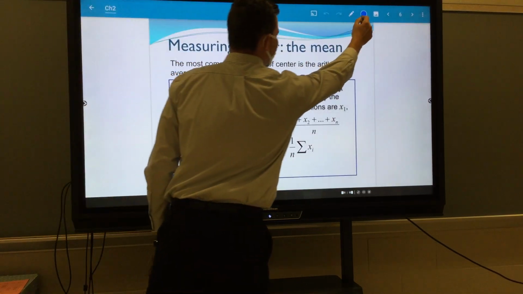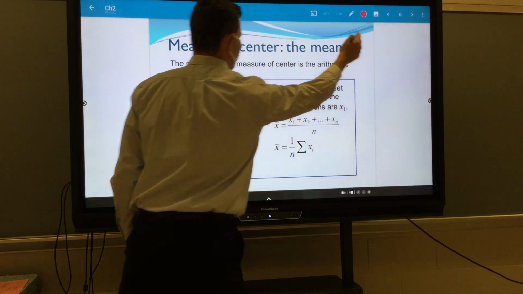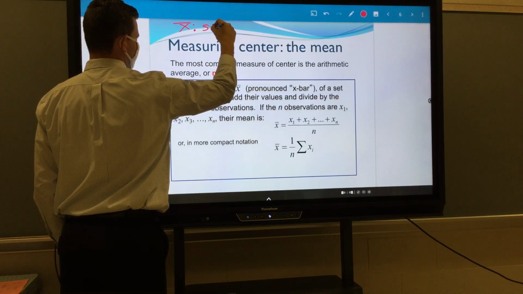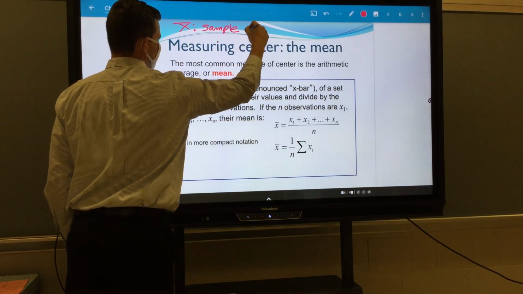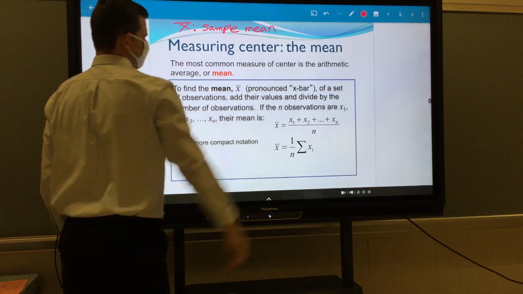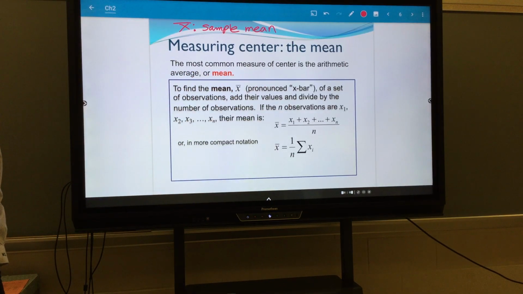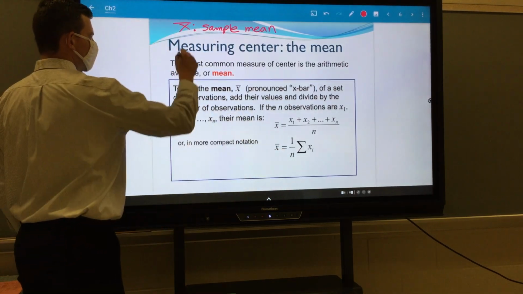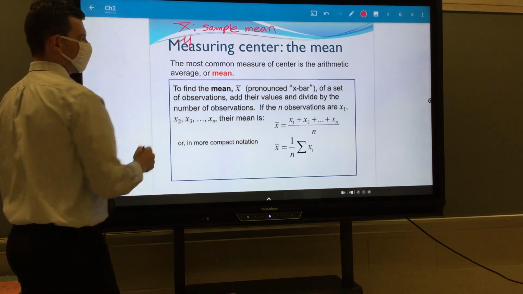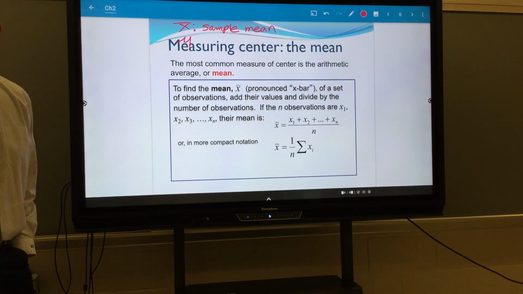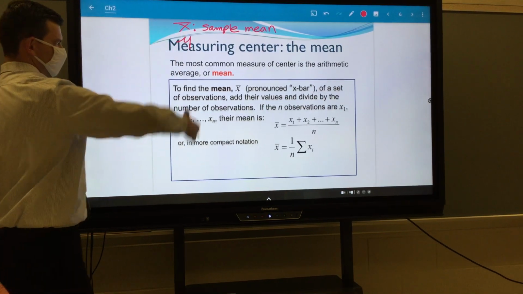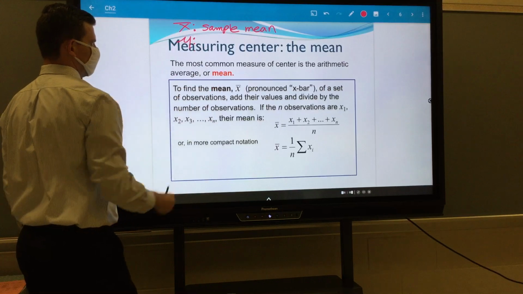Now, really, we have two symbols that represent mean. X bar is one of them. That represents a sample mean. Okay, so if we're working with a sample, X bar represents the mean of that sample. If we're talking about the entire population, then we're going to use this Greek letter mu, spelled M-U, and it looks kind of like a U with a little bit more of a distinct tail on the end.